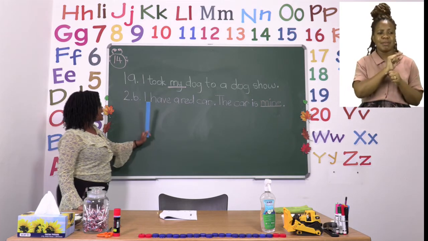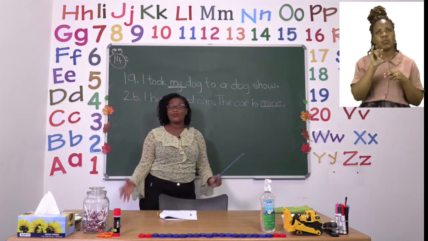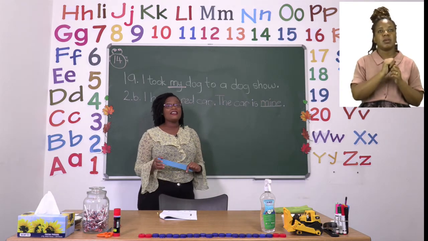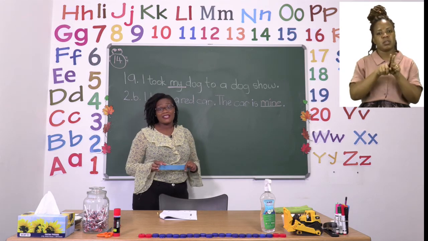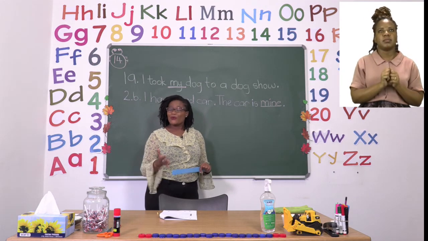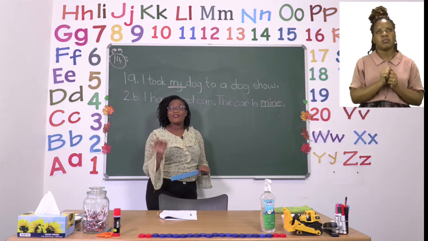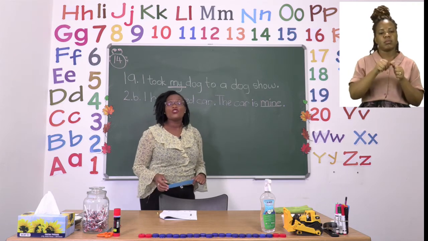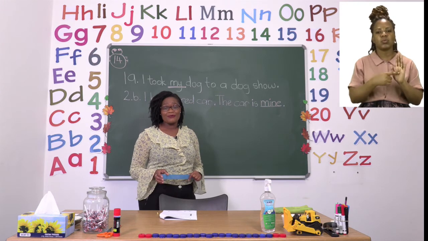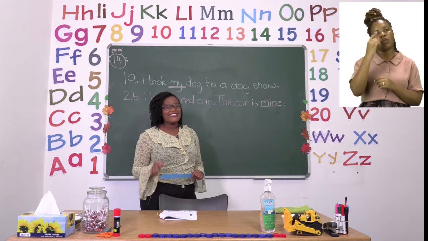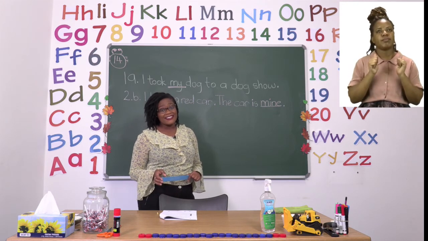Since I and mine are the same for the same person, then they and theirs are also going to be the same. Take your time with both exercises. Remember that a possessive pronoun shows ownership, what belongs to whom. Read carefully and I will see you soon after the advert break.